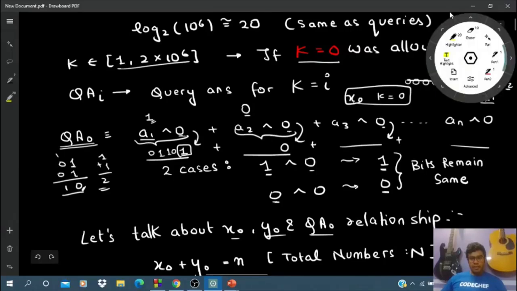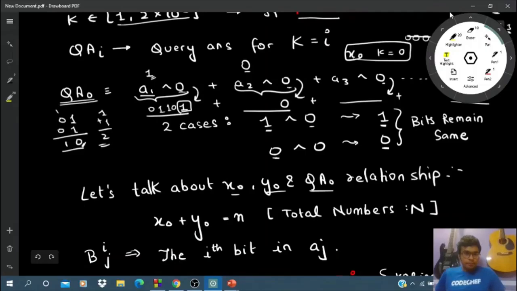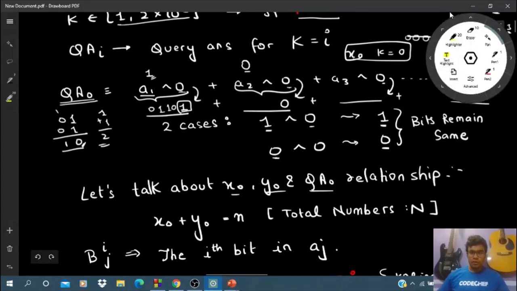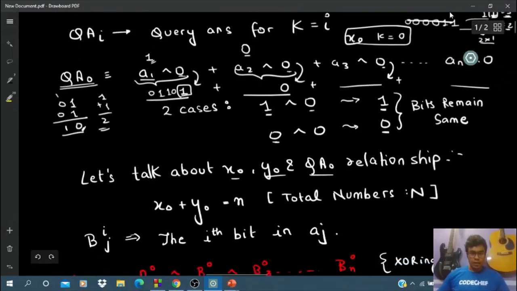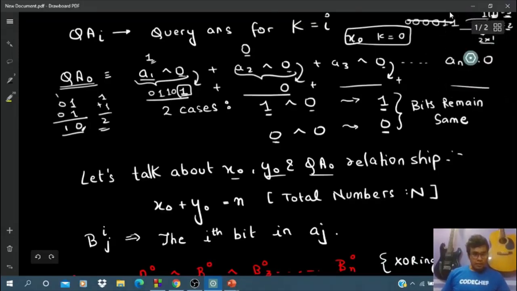My claim is that the individual value of these XORs will represent something and will give us a clue to figure out the parity of x0. The number of ones given from these individual interactions will be the same as the number of ones set in the original array, which is represented by x0, since we're talking about the 0th bit.